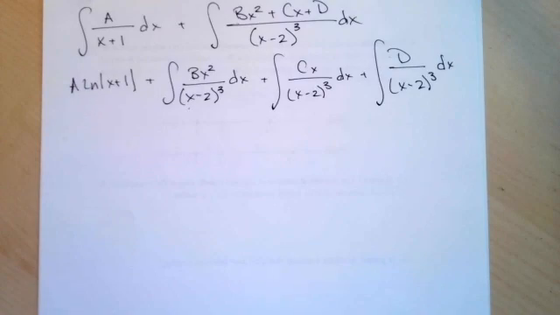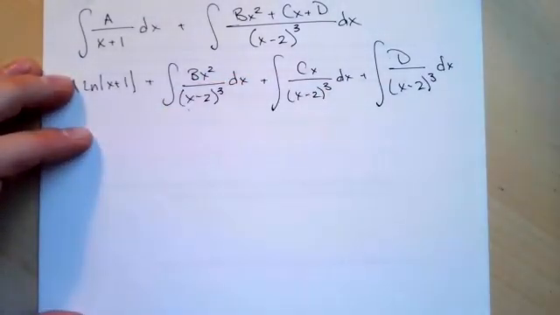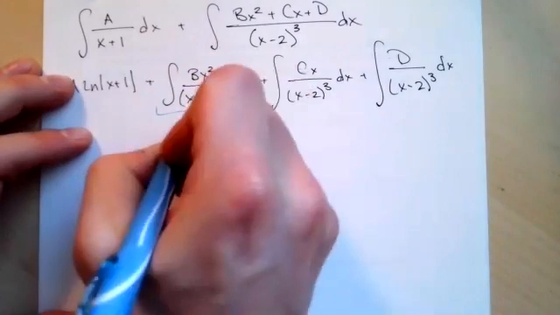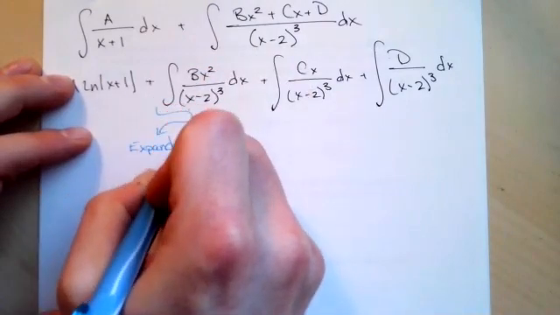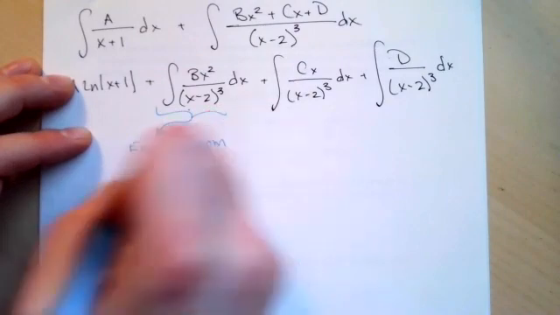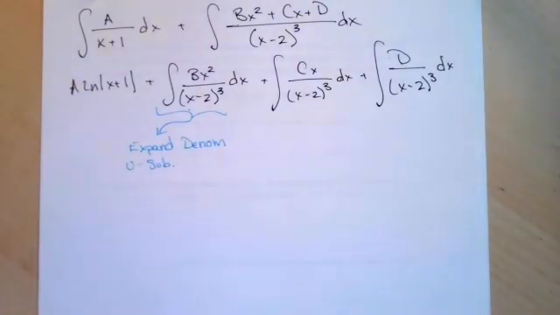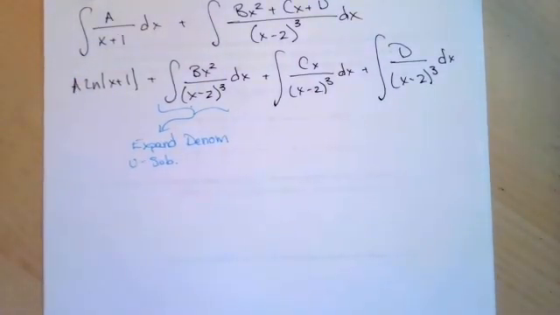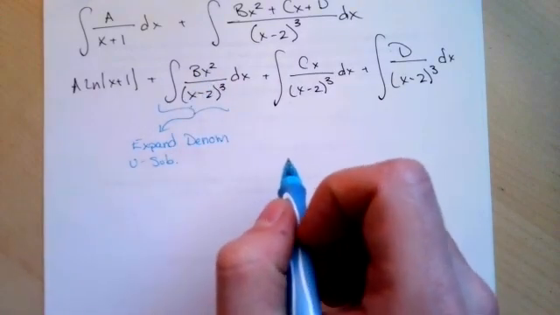Anyone know the integration technique? U sub, yeah. So this one, we can expand the denominator and then do a u sub. It might work, though the u sub might not, because there's a linear term in the u sub, it may not work.